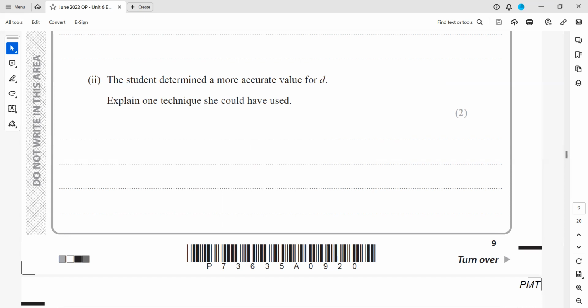Or you can also mention like look perpendicular, avoid a parallax error, or check for zero error also. This will reduce the systematic error.